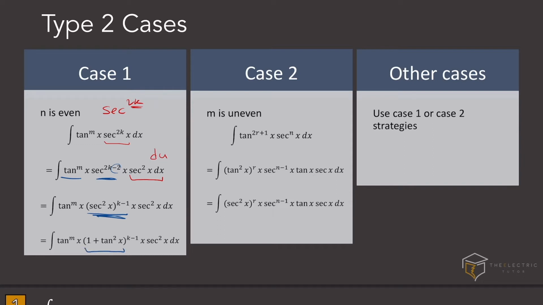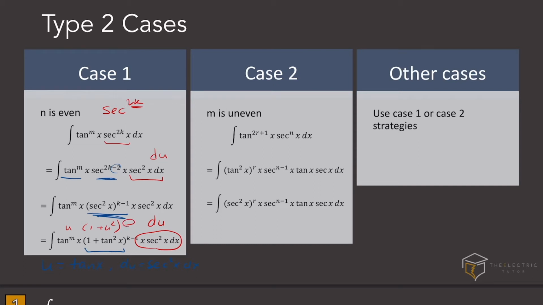Now this seems like an even more complicated integral to solve, but it's actually much easier, because we can say that u equals tangent x, so du is going to be secant squared x dx. This is du, and this is u times 1 plus u squared to whatever even power we have over here. That's basically case 1.